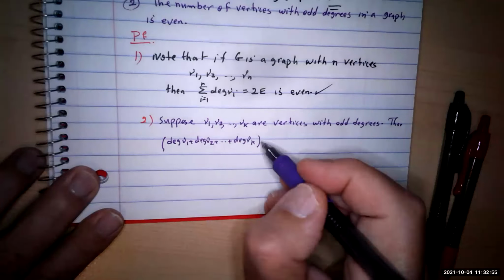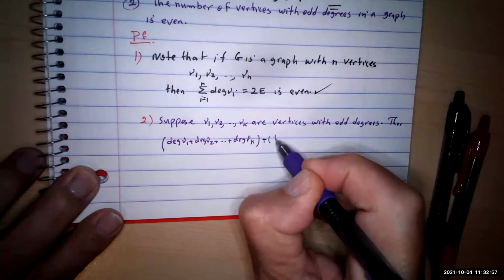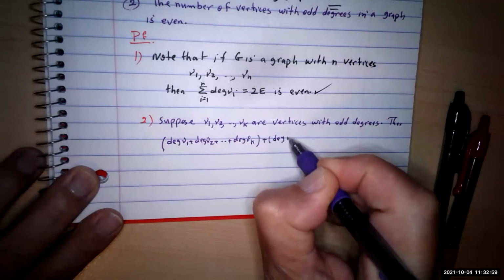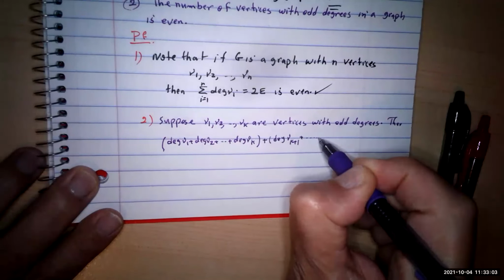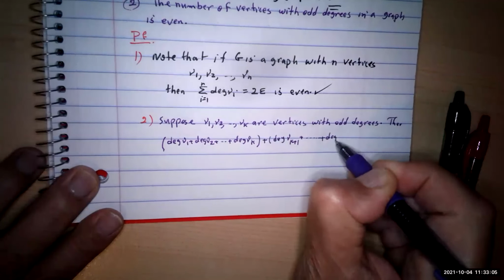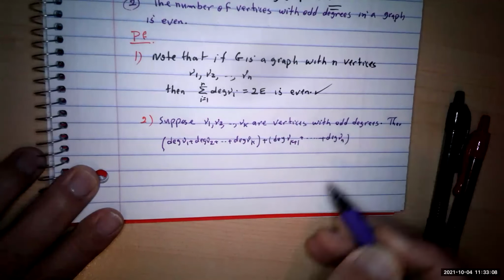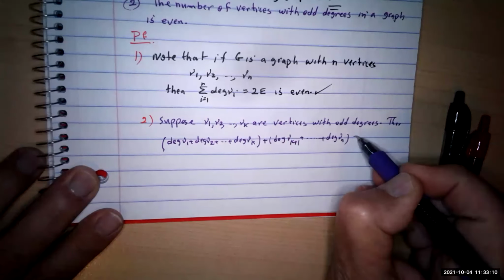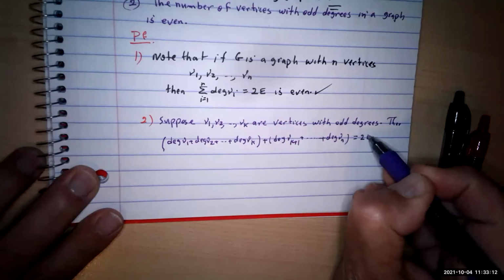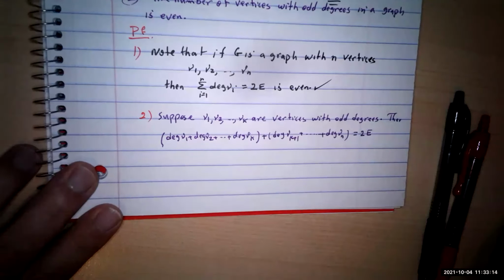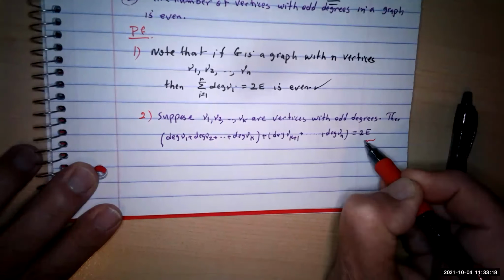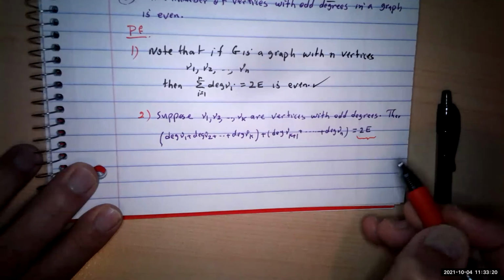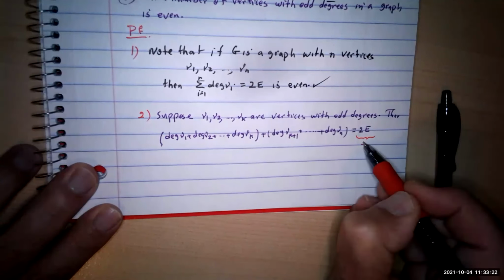The rest, the degree of v(k+1) up to the degree of vn, are even. So the result is 2e. Look at what you have. This is an even number.